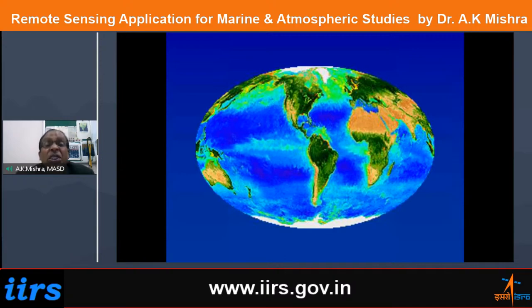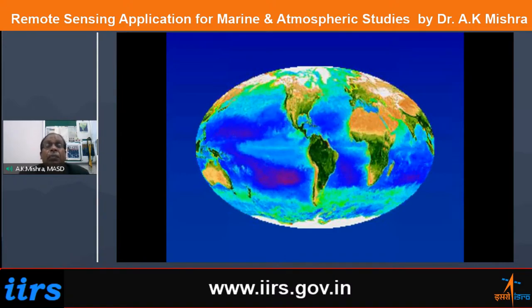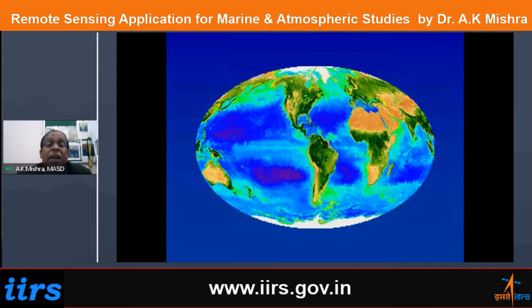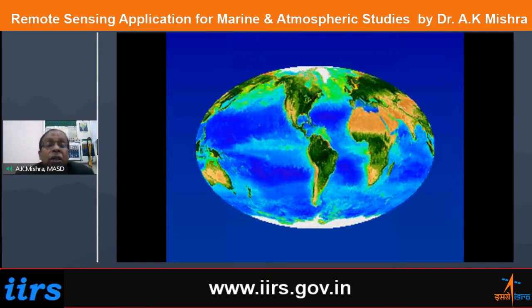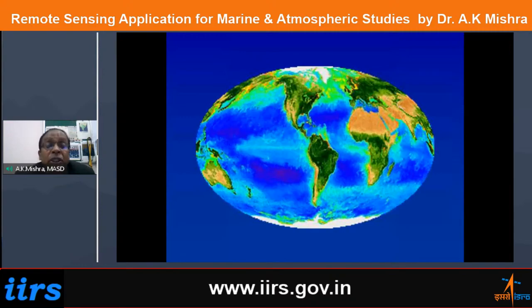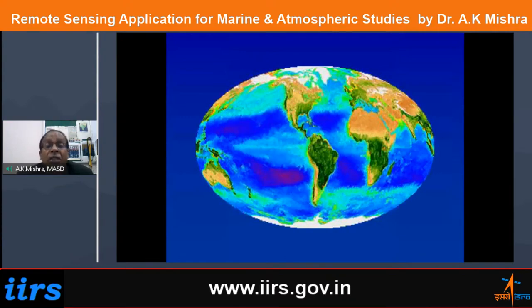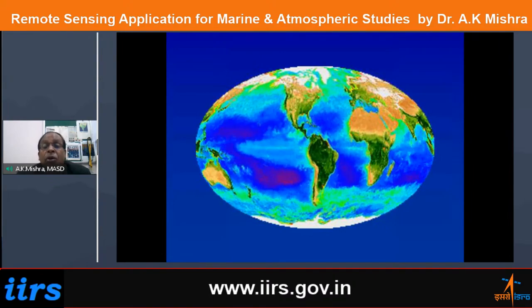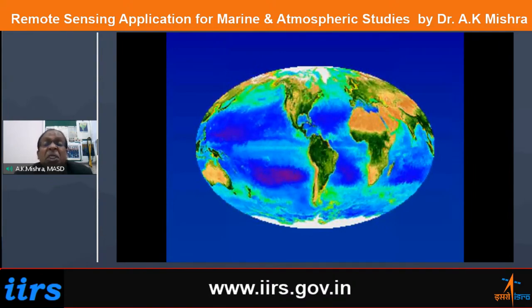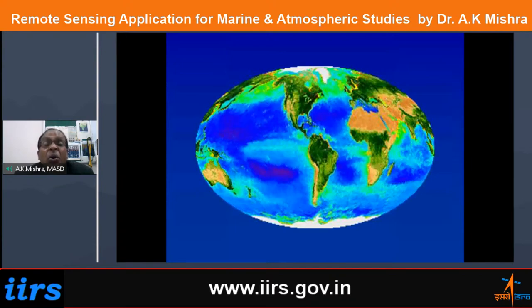So this is 10 years of SeaWiFS data showing the phytoplankton over the ocean from January to December, as well as the normalized difference vegetation index over the land.